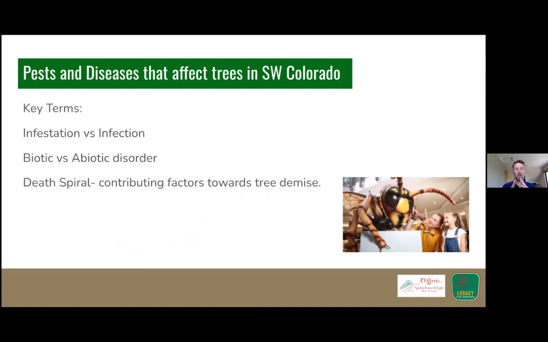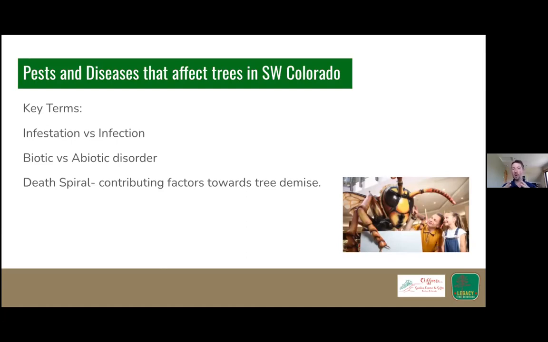Okay. That was that. Now we're going to talk about pests and diseases that we have in Southwest Colorado. Before we jump into that, I want to clear up some terms that I'm going to use. Infestation versus infection. Infestation is when you have an insect or an arthropod. Now, an insect is an arthropod, but there are other bugs and pests that fall into the arthropod class that are not insects.